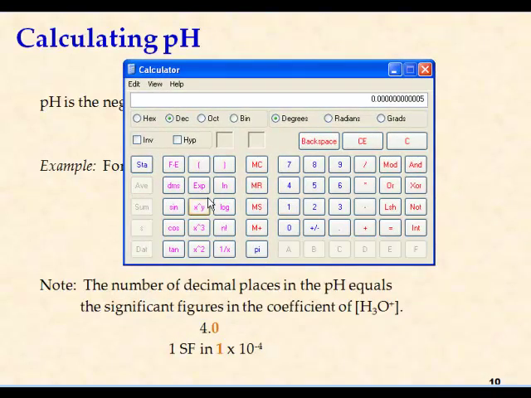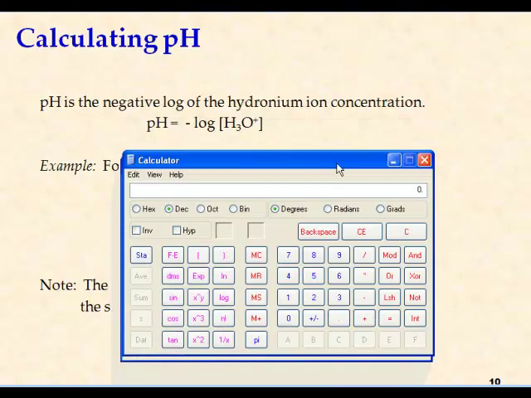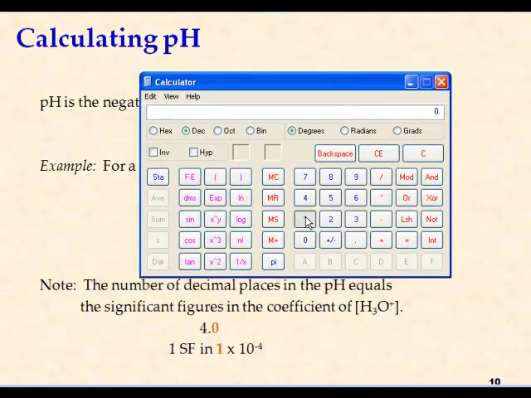I'm going to try doing it two different ways, depending on which calculator you have. The value was 1 × 10^-14. Enter 1.0 exponent -14 and hit log, and there is a value of -14.